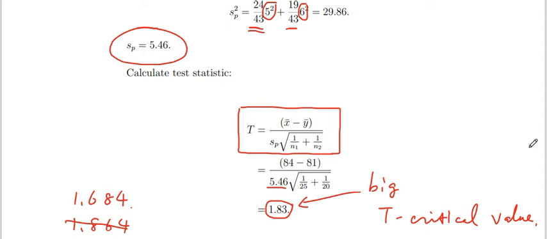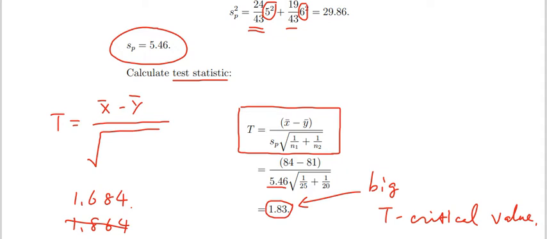So here we have two formulas for the test statistic, so don't get confused. That one is X bar minus Y bar over the square root of S1 squared over N1 plus S2 squared over N2.